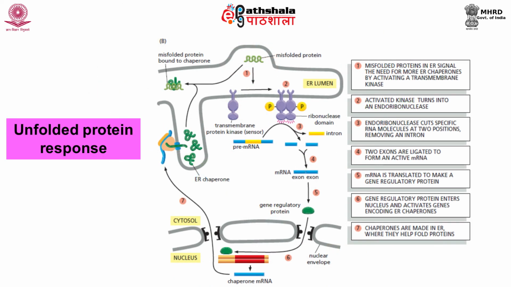Many times when misfolded proteins accumulate in the ER, they show the unfolded protein response. It involves many specific effects like an increased transcription of genes encoding ER chaperones, proteins involved in retrotranslocation and protein degradation in the cytosol, and many other proteins that help to increase the protein folding capacity of the ER.